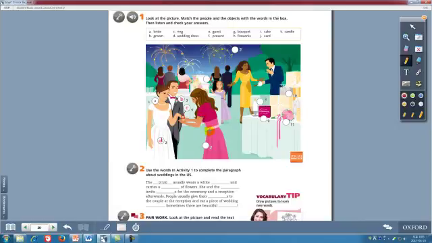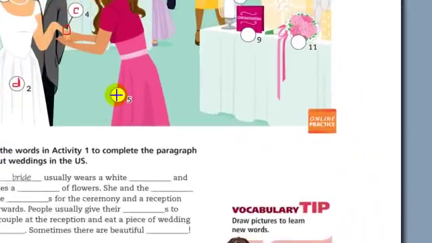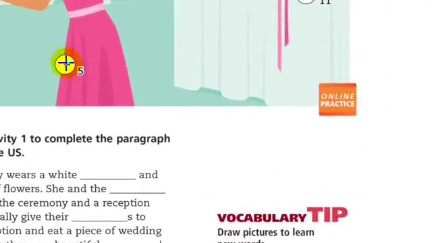We've got a number of different choices up here, and she's here to see the wedding. So when somebody's there to see the wedding, she is a guest. She is a wedding guest. So number 5 is E. That's a pretty sad looking E right there, but it is an E.